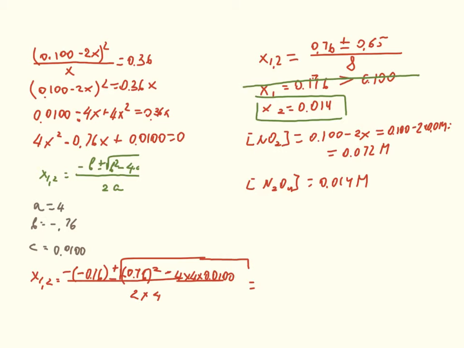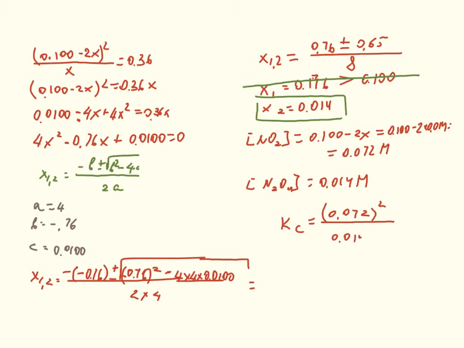And the concentration for dinitrogen tetroxide at equilibrium is x molarity. The last step is to take the expression for the equilibrium constant and check how it matches the equilibrium constant provided in this problem.